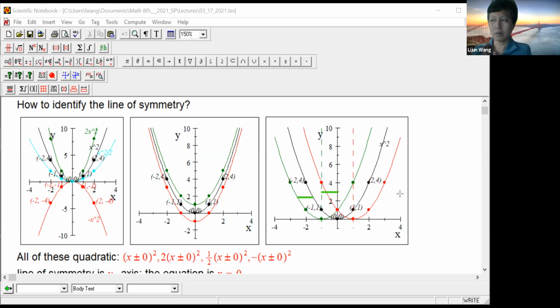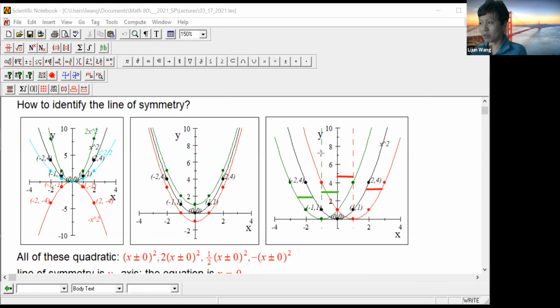Does that make sense? Now the red is also shifted by the same number of units, so the line of symmetry shifted along with it.